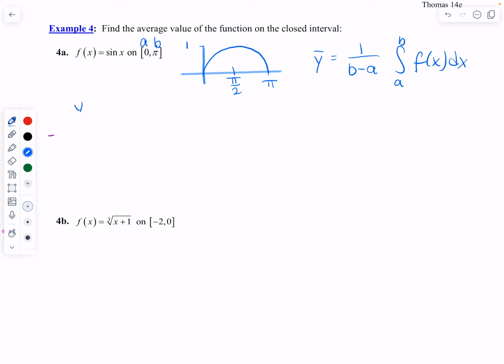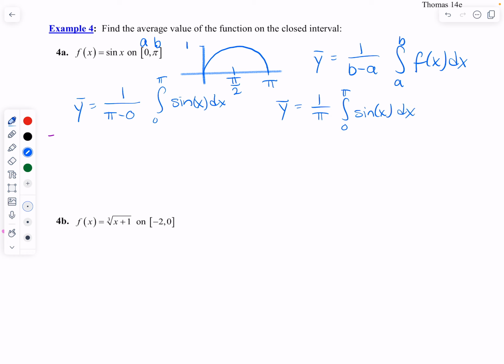So when I put all this together, I get y bar equals 1 over pi minus 0, and integration from 0 to pi of the function sine x dx. Okay, so y bar equals 1 over pi, integration from 0 to pi of sine x dx.